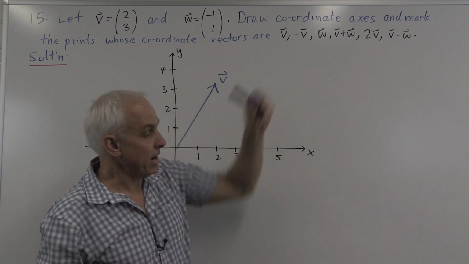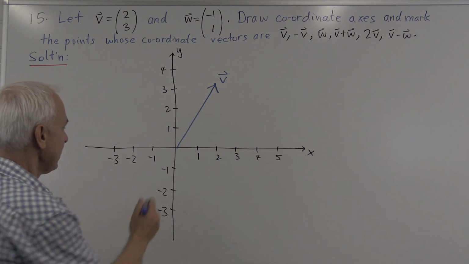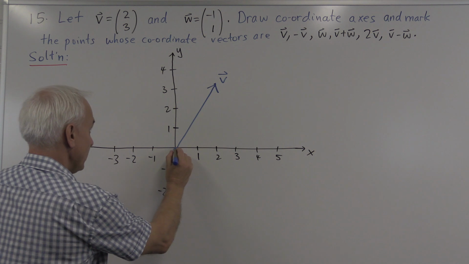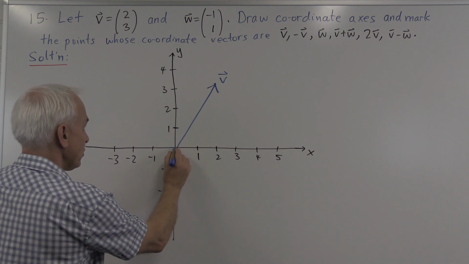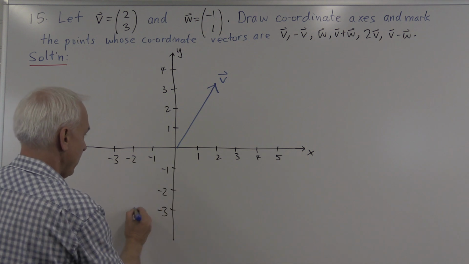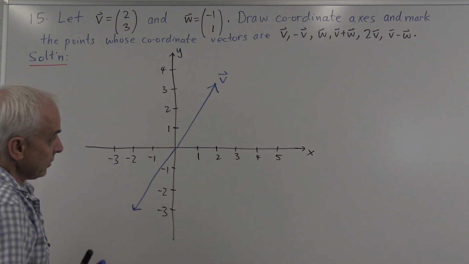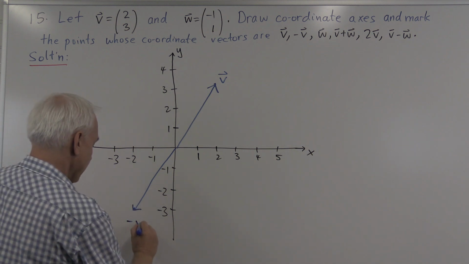Okay, might as well draw minus v. Okay, so minus v is the vector that goes in the opposite direction. So it's going to go minus 2 and minus 3. It's going to go down to there. All right. So this is the vector minus v.